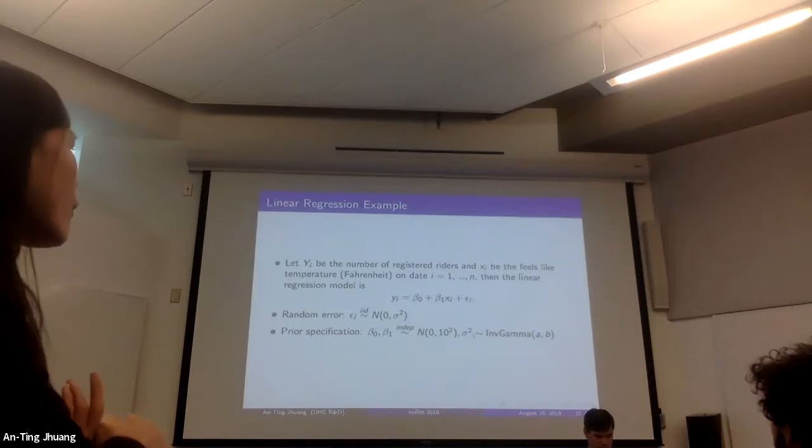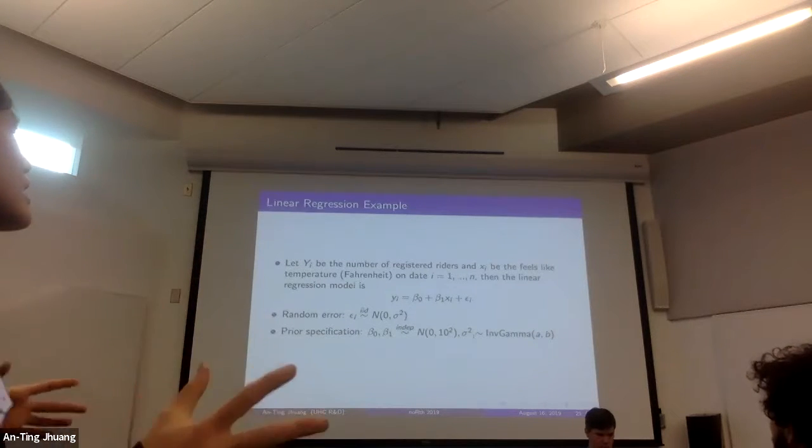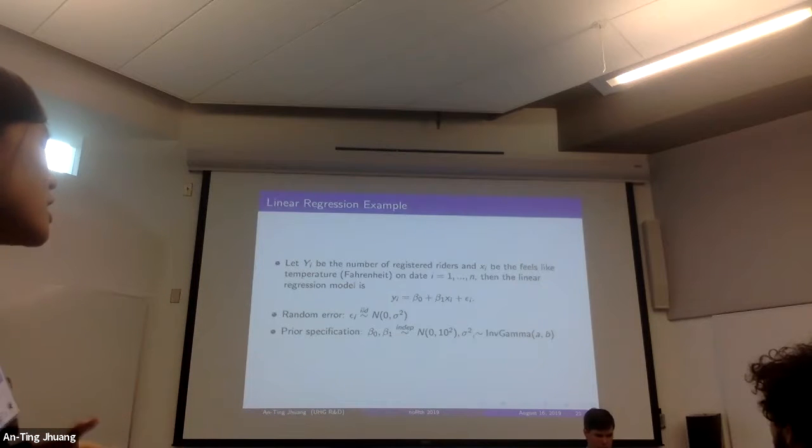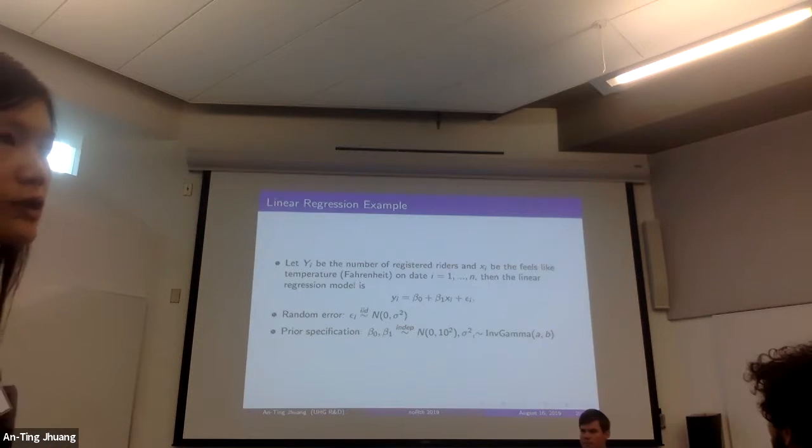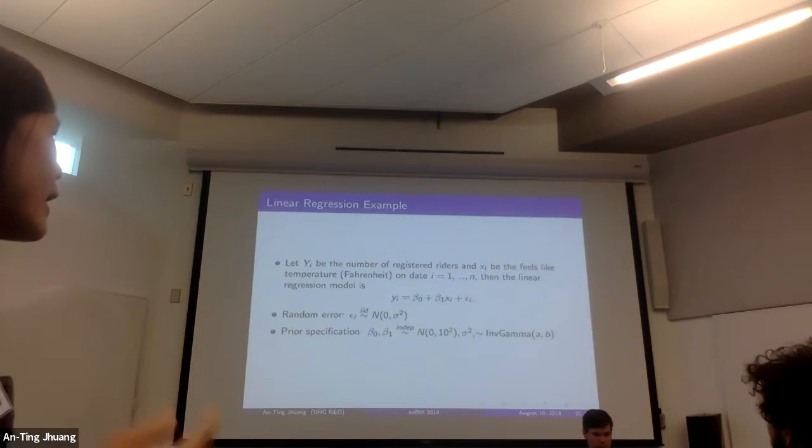The reason we have this kind of specification is to make your life easier, since with this kind of setting, you will have a conjugate posterior. So you don't have to write your own MCMC sampler.